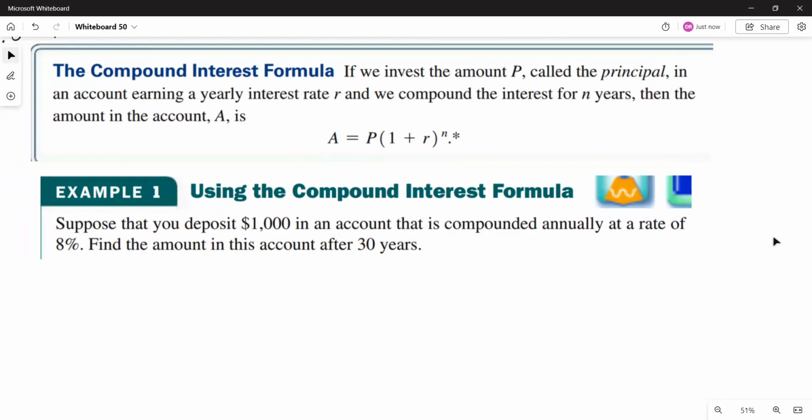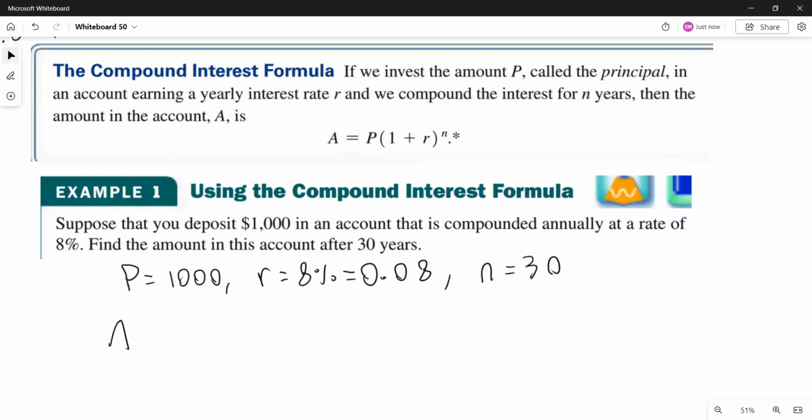Find the amount in this account after 30 years. So we want to find A. The principal is 1,000. The interest rate: whenever we do arithmetic with percents, we need to convert the percent to decimal. We want to find the amount after 30 years. So the amount is 1,000 times 1 plus 0.08, using the formula above, raised to the 30th power.